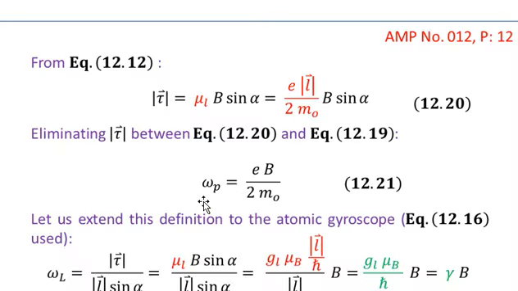You see that the precession frequency of the current loop, or the precessional frequency of the orbital angular momentum about the magnetic field, is given by this relationship, and it depends upon the value of B. So the greater the value of the applied magnetic field, the greater will be the precessional motion of the angular momentum about the positive B direction, or the precessional motion of the orbital magnetic moment of the electron about the negative B direction.